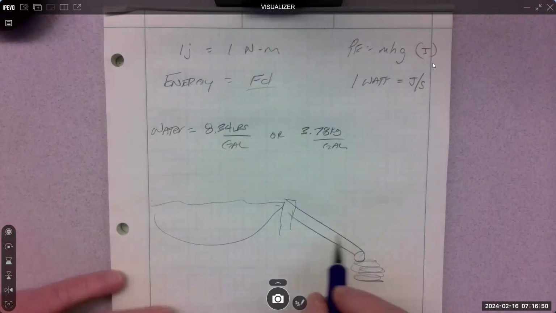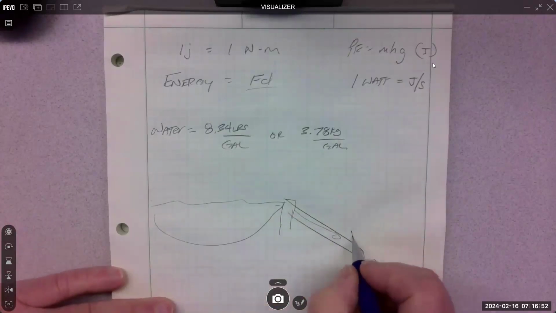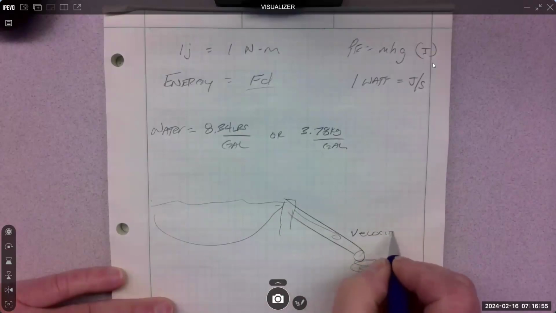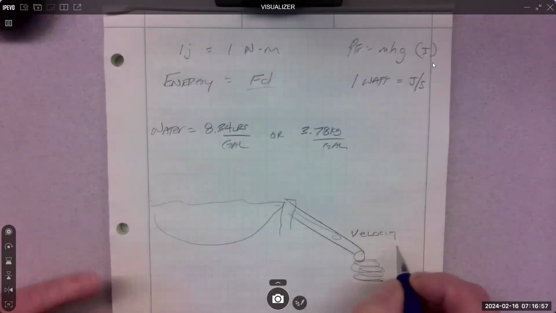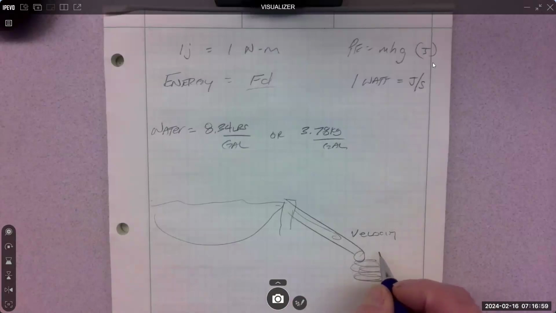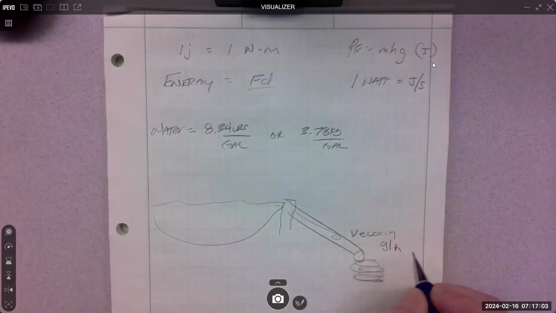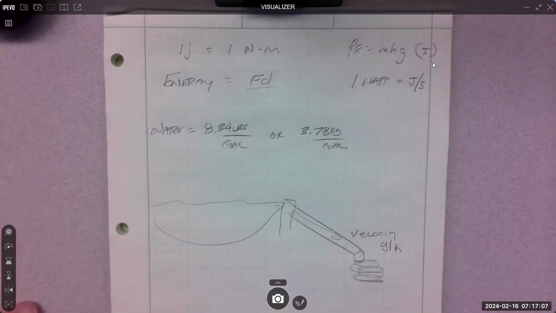Okay, so as this water falls, it picks up velocity, right? Usually that flow is given in gallons per hour. So how many gallons per hour are falling? And we can always look up information about a gallon of water.